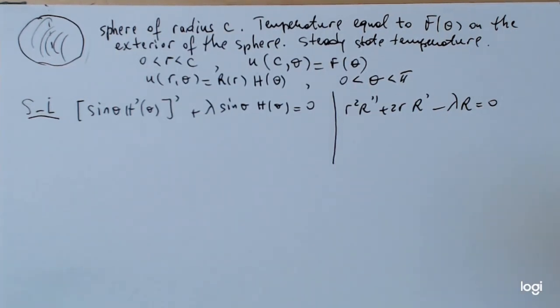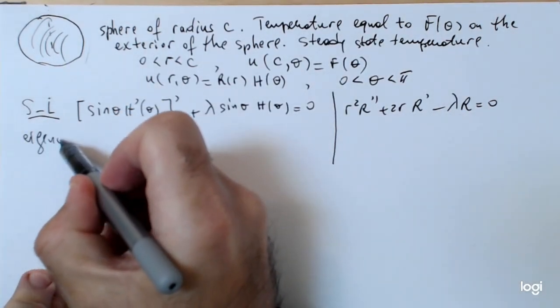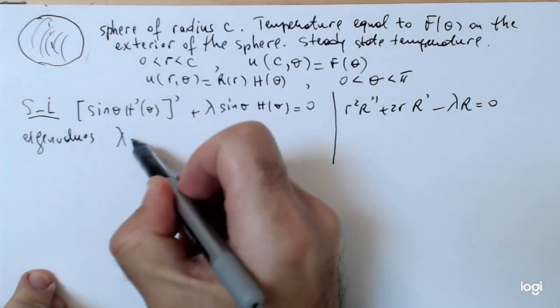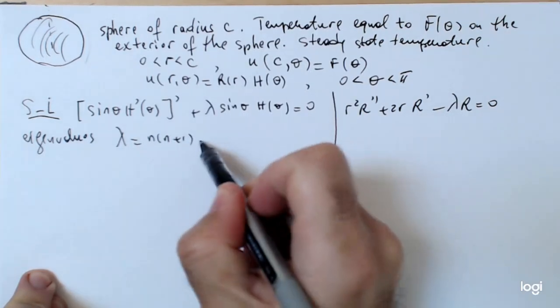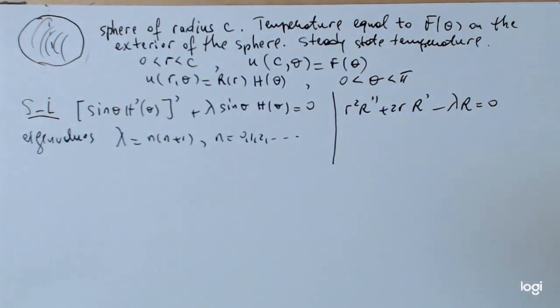So you are basically under condition A. There is no boundary condition on the interval 0 to pi, which means the eigenvalues are all lambdas. So the eigenvalues are lambda equals n times n plus 1, with n from 0, 1, 2, and so on. So all the eigenvalues, including the even and the odd ones.